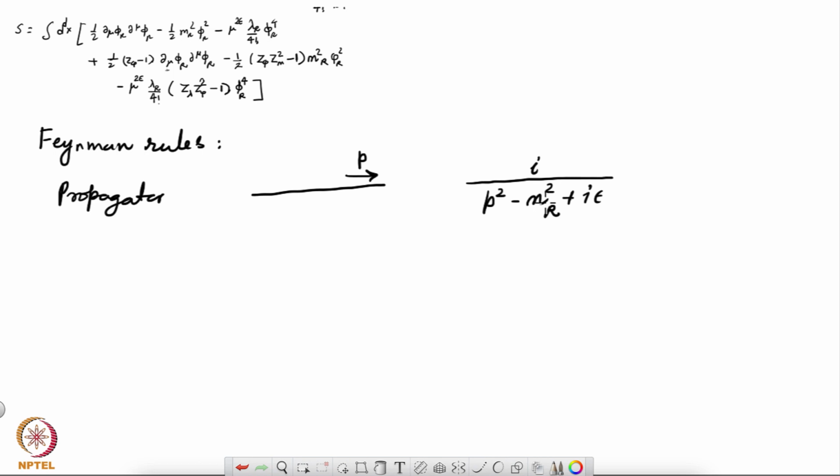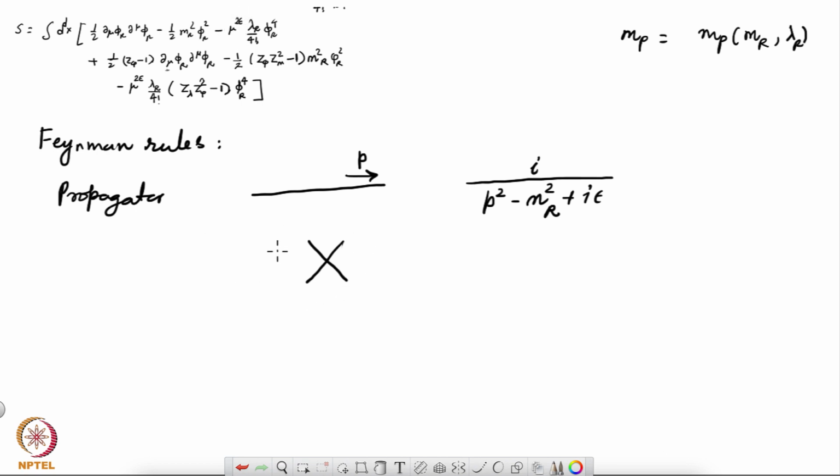Okay, so the physical mass M_P will be some function of m_r and lambda_r. That is what we can say, but m_r is not itself the physical mass. So that's one of the Feynman rules. Then, as before, we have this vertex coming from minus lambda_r over 4 factorial phi to the 4, but you have a factor of mu to the 2 epsilon also.